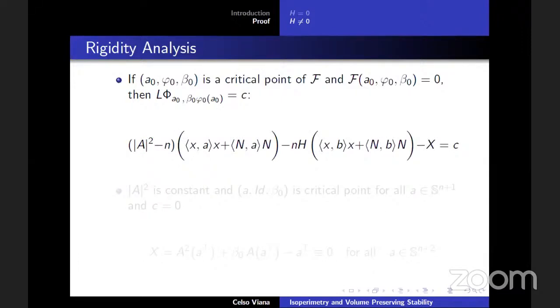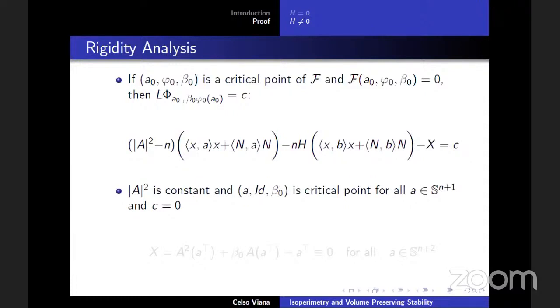And then you just need to study this equation, and it's not very difficult to understand that something like that forces some restrictions on the norm of the second fundamental form. And in fact, we can prove that the norm of the second fundamental form is always constant, okay? That just comes from the equation above.